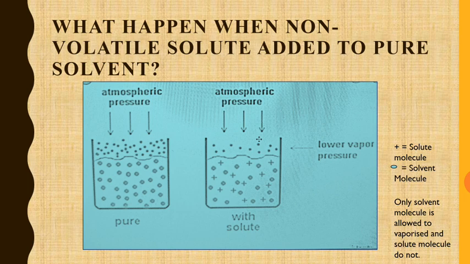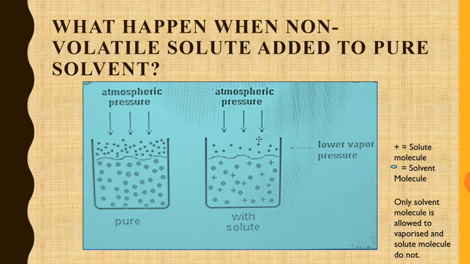Now this beaker is compared with beaker number 2, which contains solute molecules. Here we can see the plus sign indicates the solute molecule and the circle the solvent molecule.